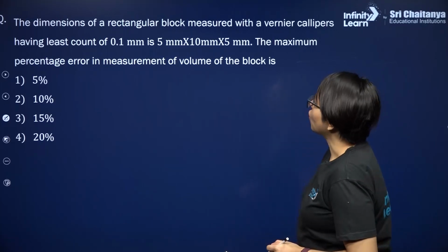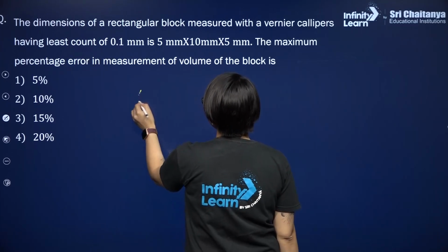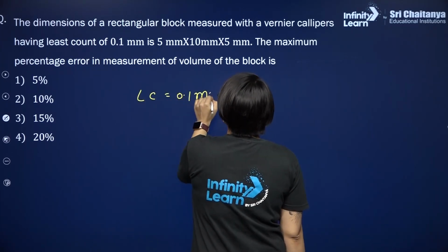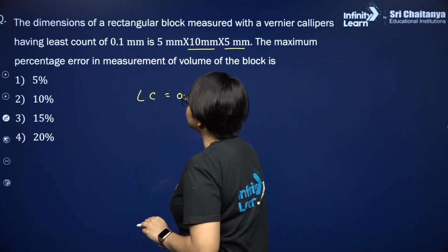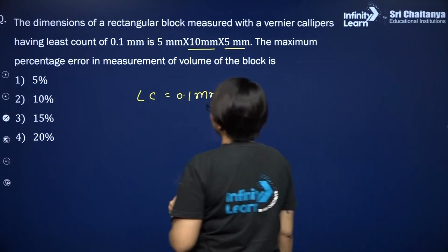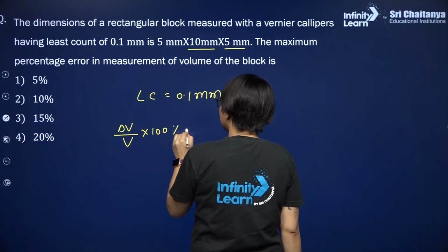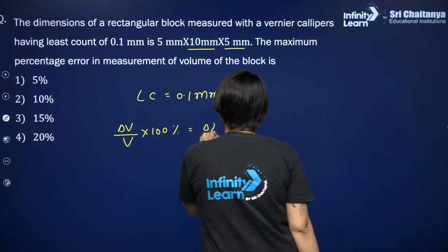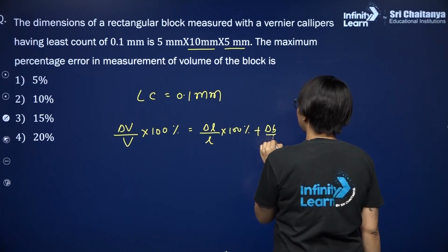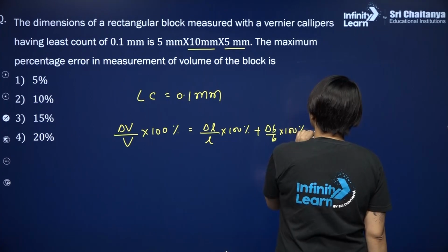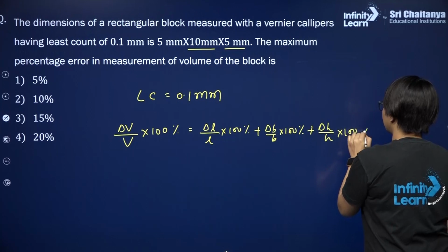The dimensions of a rectangular block measured with a vernier calipers having least count 0.1 millimeter is 5 millimeter into 10 millimeter into 5 millimeter. The maximum percentage error in the measurement of the volume of the block is. So delta V upon V into 100% will be delta L upon L into 100% plus delta B upon B into 100% plus delta H upon H into 100%.